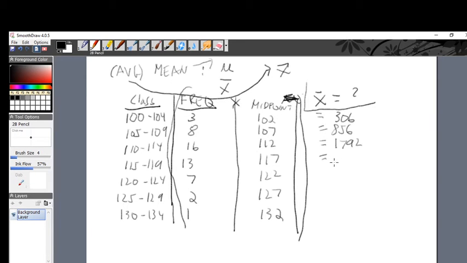What did I just do? 3 times 102, then 8 times 107, 16 times 112 is 1792, 13 times 117 is 1521, 7 times 122 is 854. Remember that when you have a class and frequency, get the midpoint of the class and multiply it times the frequency. It's not much more after this. It's very tedious, but you have a calculator for problems like this. 1 times 132 is 132.